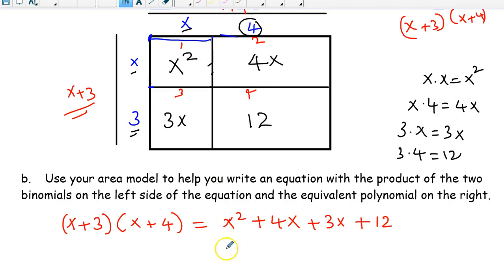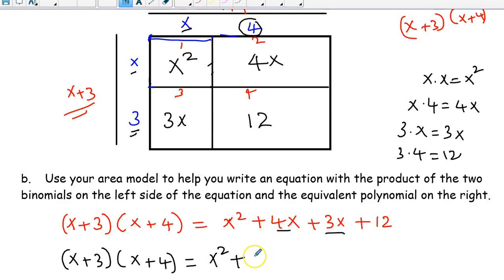Okay, can we simplify this further? Yeah, we don't like to leave these two like terms separately. Just put them together, and the left hand side remains the same. x plus 3 multiplied with x plus 4. So the product of these two binomials is x square plus 4x plus 3x.